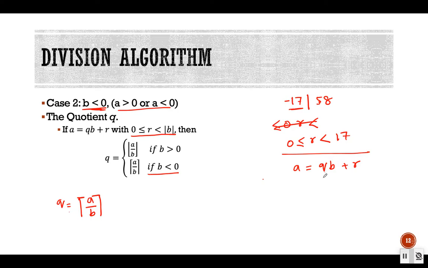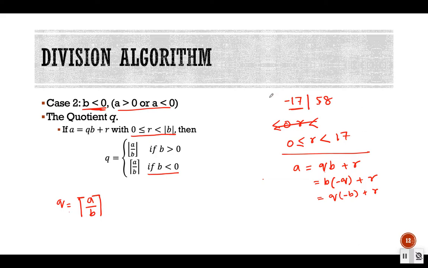All right, and q will be like minus q. So it's still a valid representation. Or we can say q times minus b plus r is still the valid representation, and the value of q will be the ceiling function of a by b.